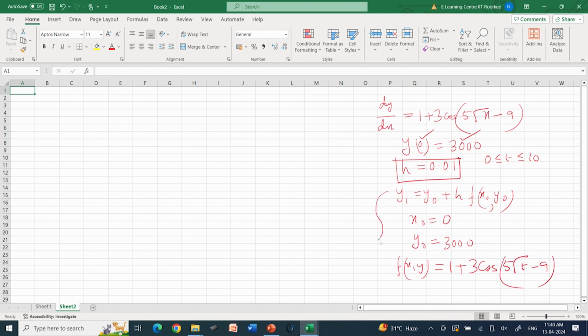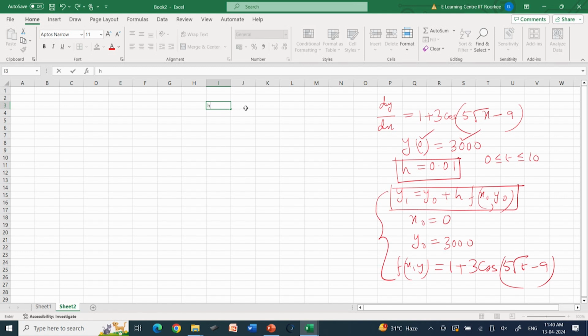So, everything is there and you just use the formula. So, for practice, let us solve this again with the help of Euler's method using Microsoft Excel. So, I put h equal to 0.01, that is your step 1.